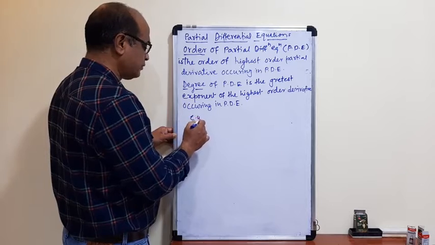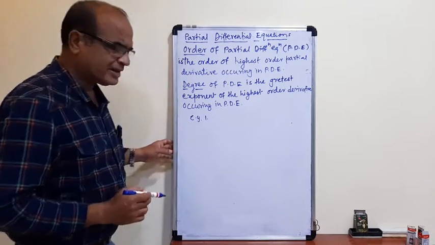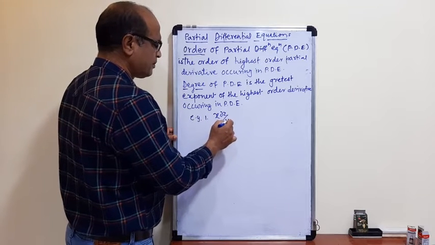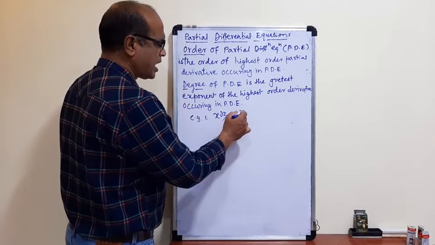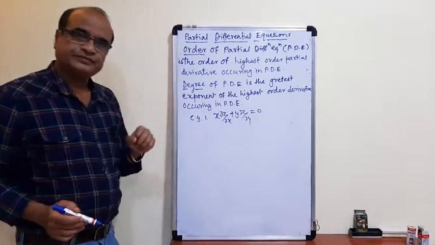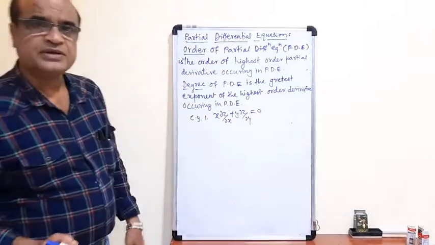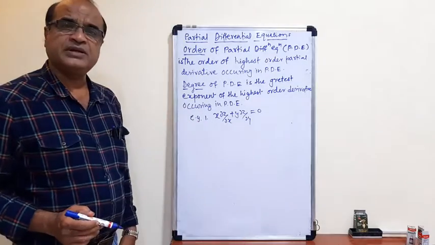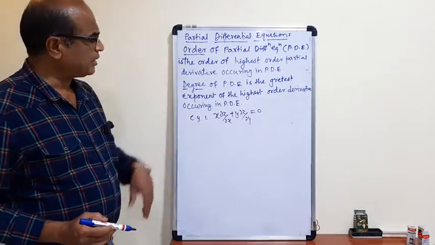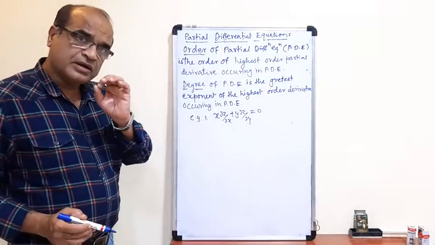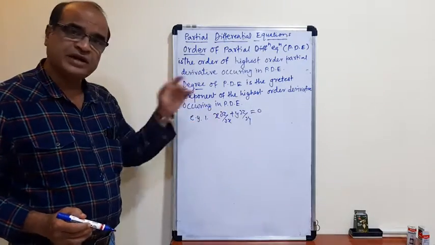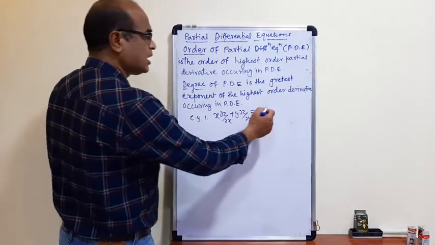For example 1, let us take x ∂z/∂x + y ∂z/∂y = 0. This is a differential equation. What is the order and what is the degree of this differential equation? Here the first order partial differential coefficients occur, that is ∂z/∂x and ∂z/∂y, so this is the first order.